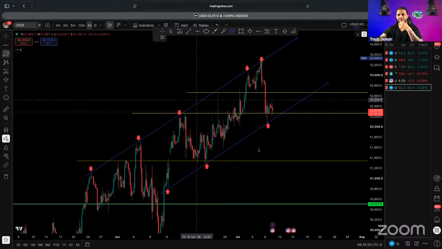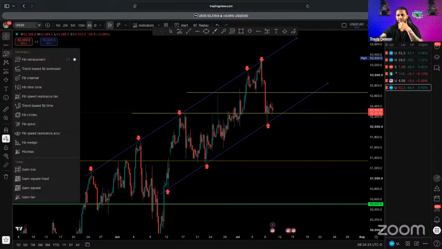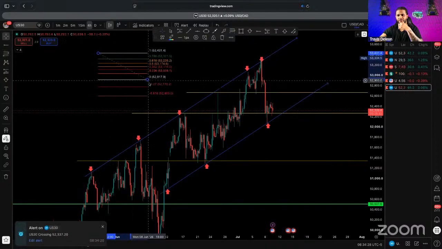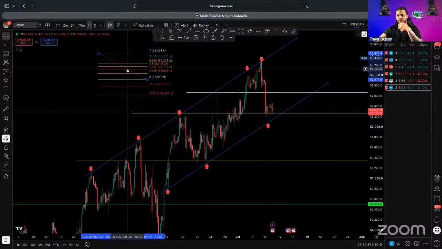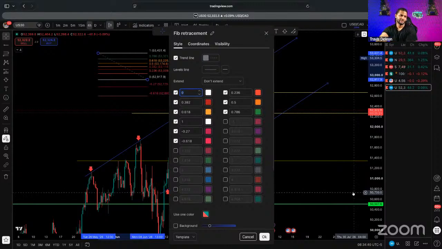So I'm gonna get my Fibonacci and put it on the screen, and give the different fib levels so you can see them. I'm gonna put it right here. If you want to put in these numbers, take a screenshot, take a picture, keep it here for like a minute before we get into it.